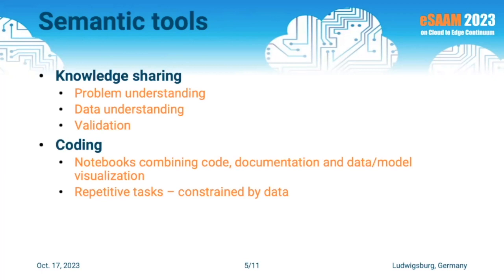And even during the validation, domain experts will have to understand like what is the quality of the model and what will be the impact of model precision for the domain key performance indicators. So this is very important part from the point of view of knowledge sharing.